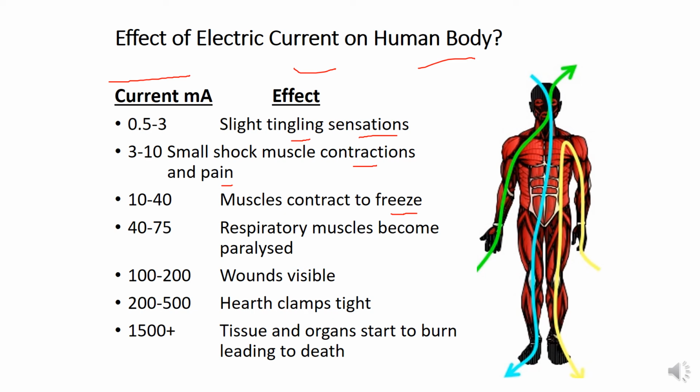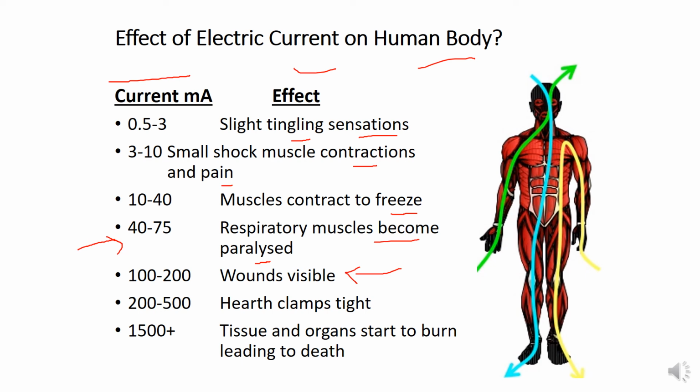If it goes from 40 to 75, the respiratory muscles become paralyzed. Because it's a high current, it can cause more dangerous effects on the body. Similarly, 100 to 200 milliamperes can burn your body, with visible wounds on the skin.